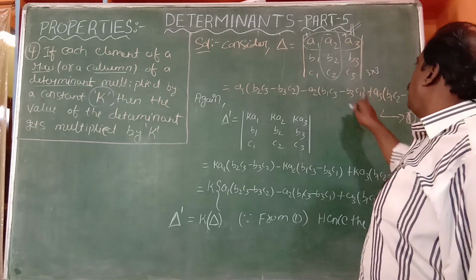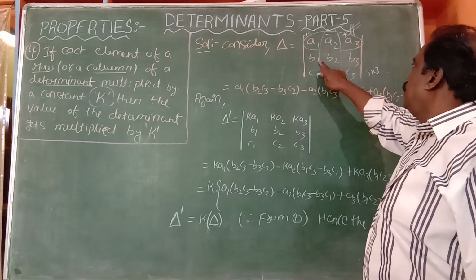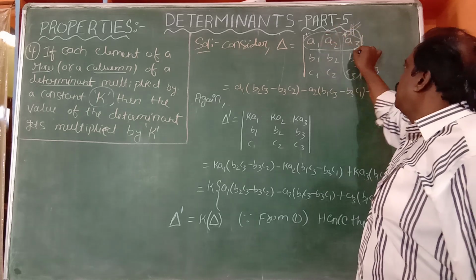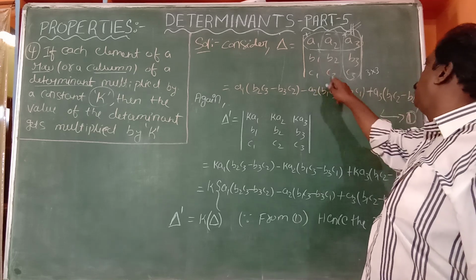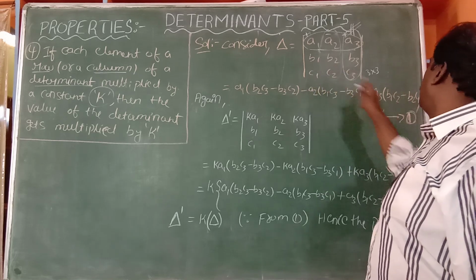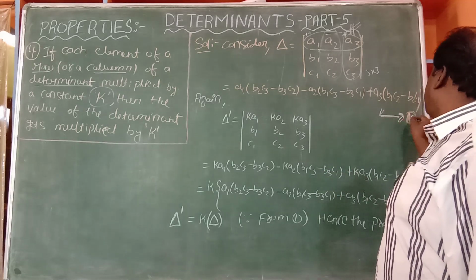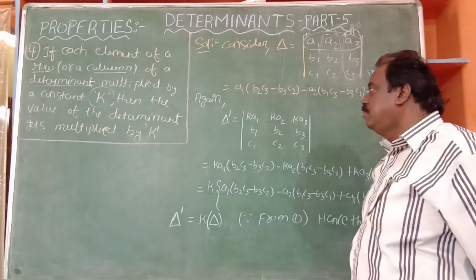Next, plus A3 of, if we delete the row and column, the remaining elements are B1 B2 C1 C2, B1 C2 minus B2 C1. This can be considered as equation 1.